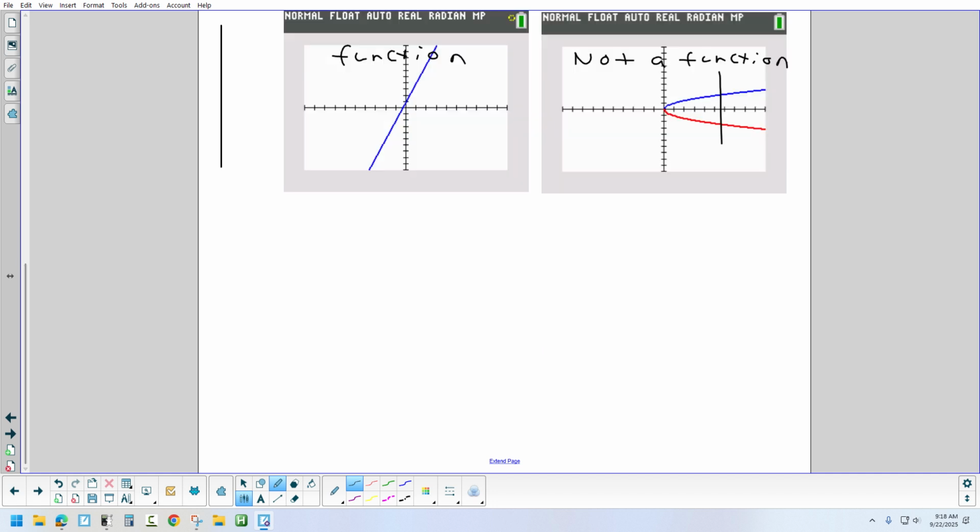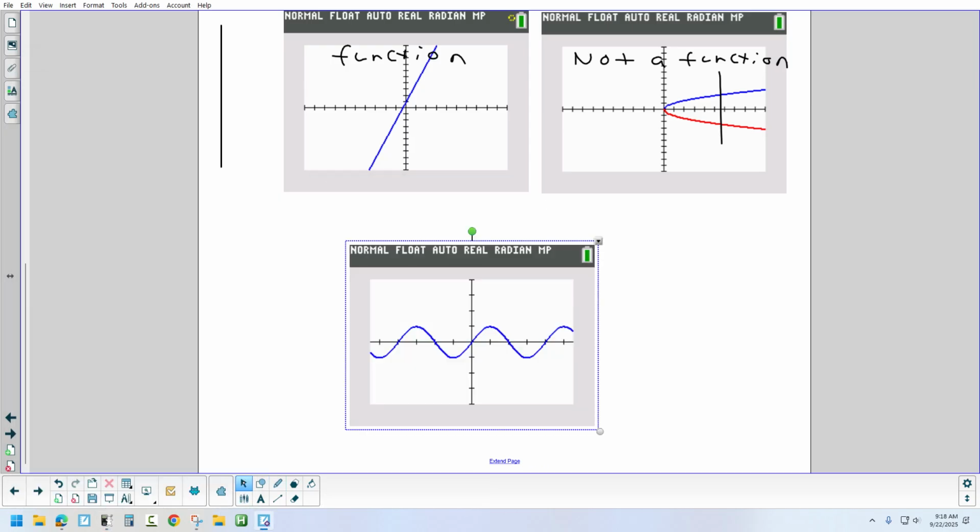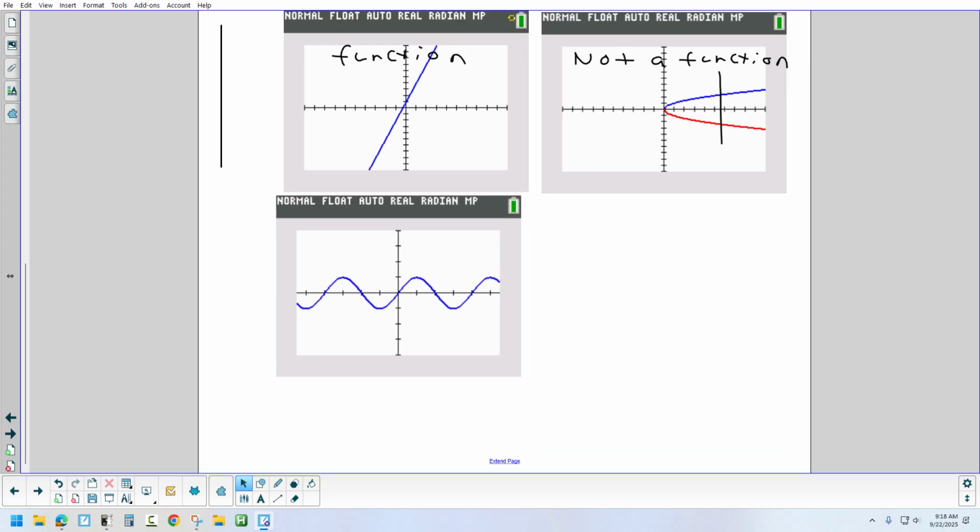Let's look at something like this graph. Same question: is that graph a function or not a function? Yeah, that's a function. No problem at all with that one. No matter where I put this vertical line, it never hits the graph more than once. So that is a function.